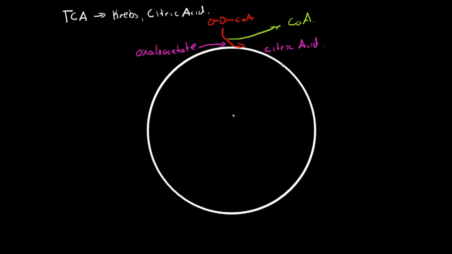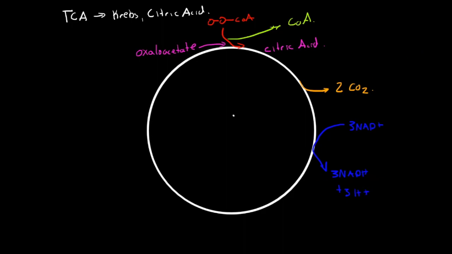And I'm just going to kind of summarize the important steps. So right around here, early on, you're going to have 2 CO2 groups leave. And then here, just below that, we're going to have 3 NAD pluses become 3 NADH plus 3 H pluses.